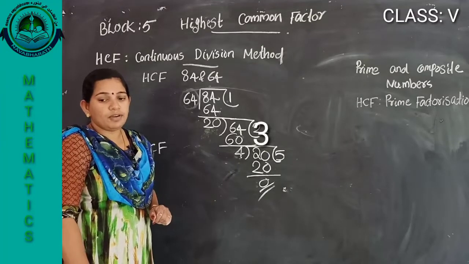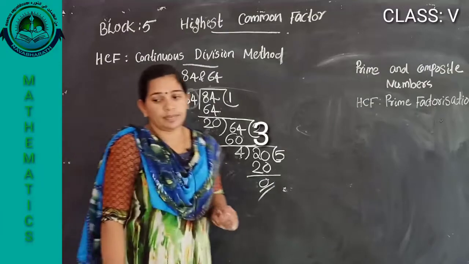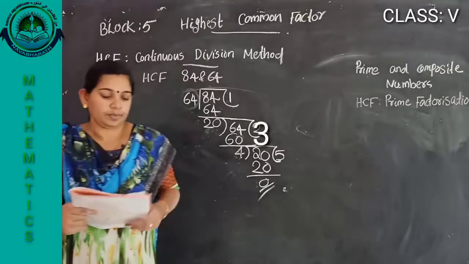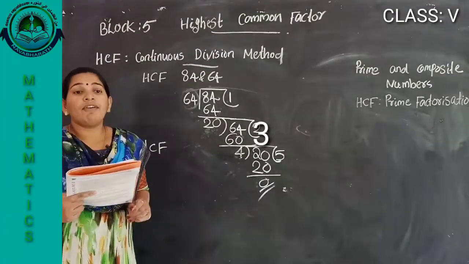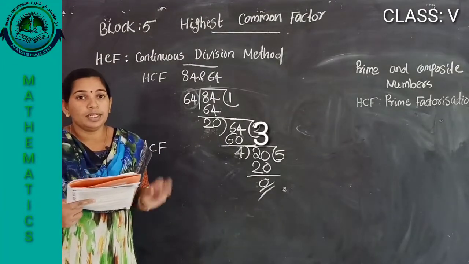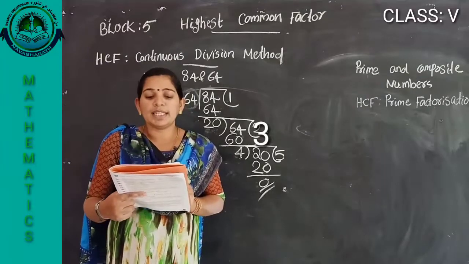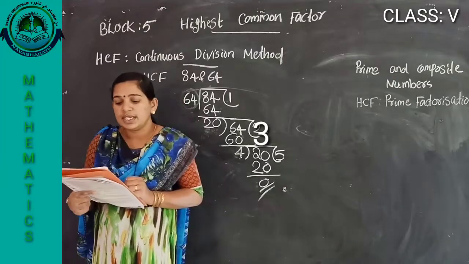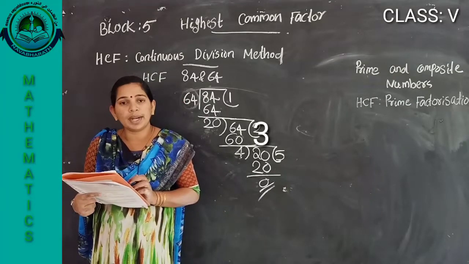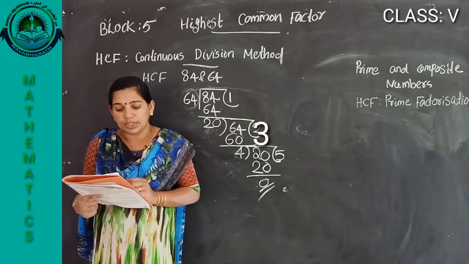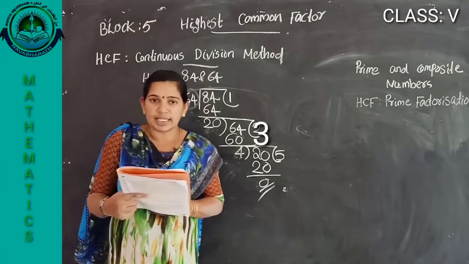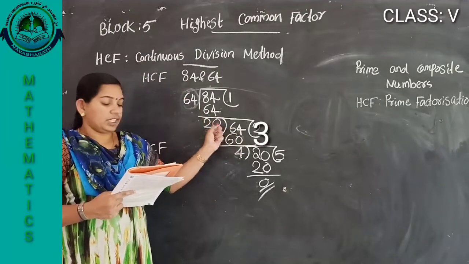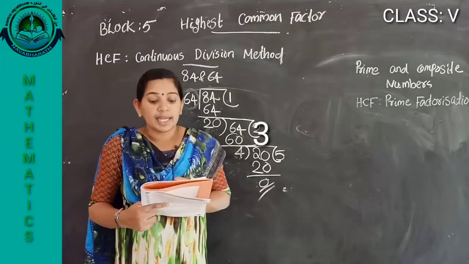So write the steps of the continuous division method. Step 1: divide the greater number by the smaller number. Step 2: divide the previous divisor by the remainder.